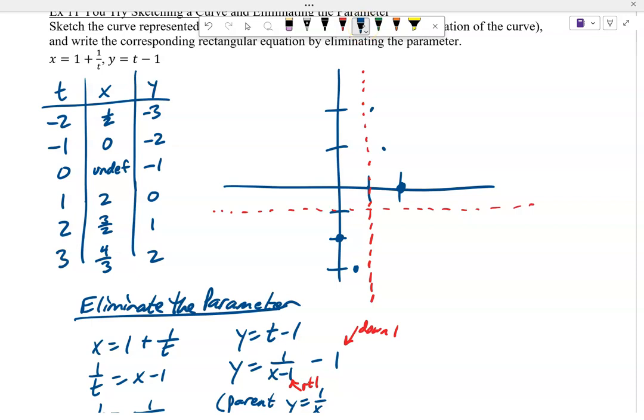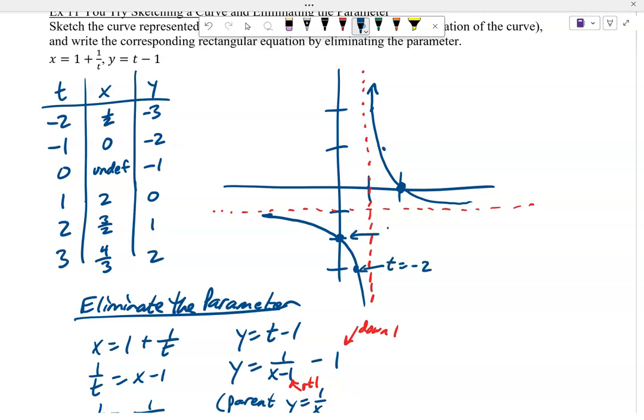And we could plot some more points, but now we have an idea, and we're like, oh, that means it looks the same as that y equals 1 over x, except right 1, down 1. So the elimination of the parameter really helped us. Now t, when t is -2, it's at a half. This is for t being -2.